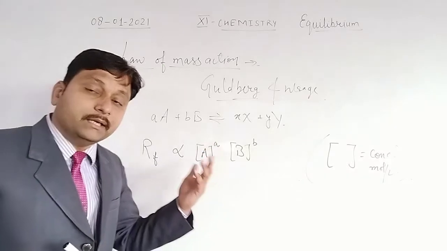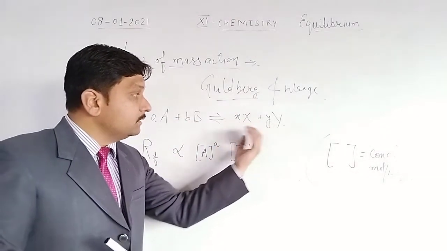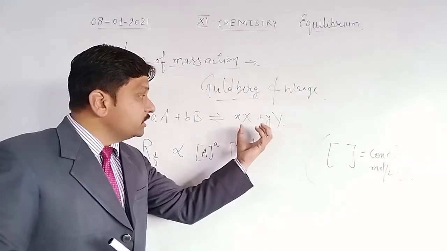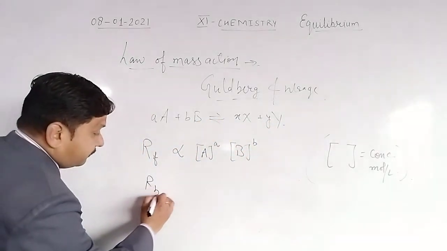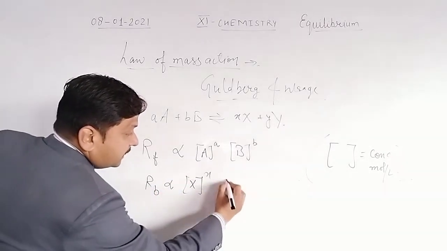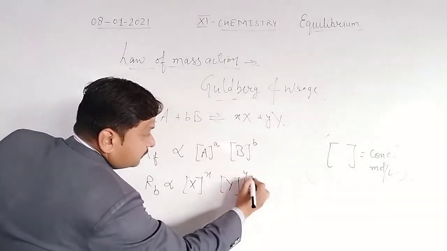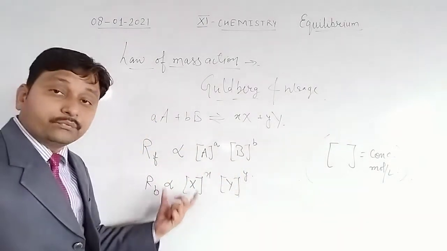If we talk about the backward reaction, because X and Y always combine with each other and convert into A and B, the rate of the backward reaction is directly proportional to the concentration of X to the power x and concentration of Y to the power y. Clear? These two are the different rates.